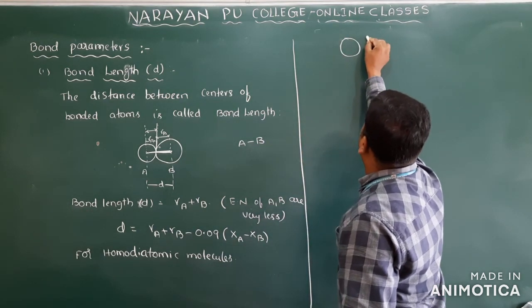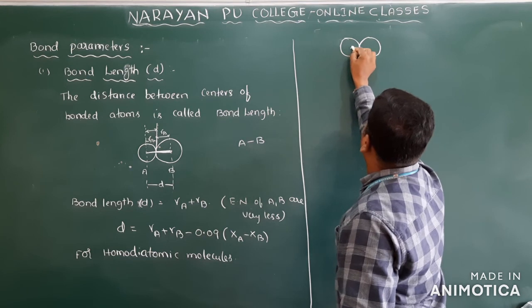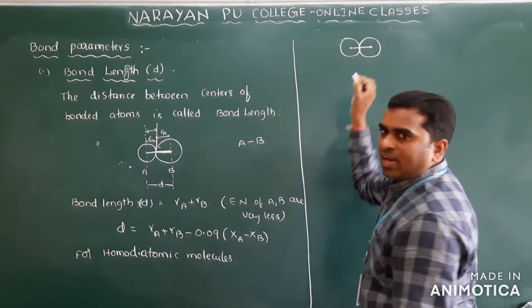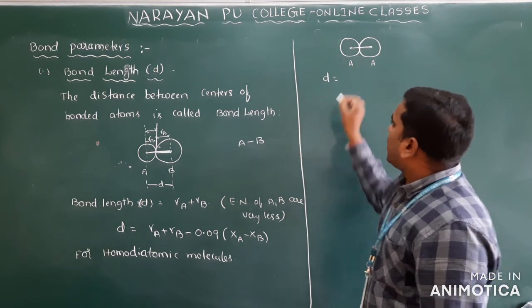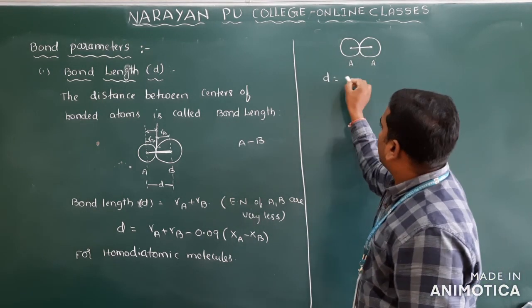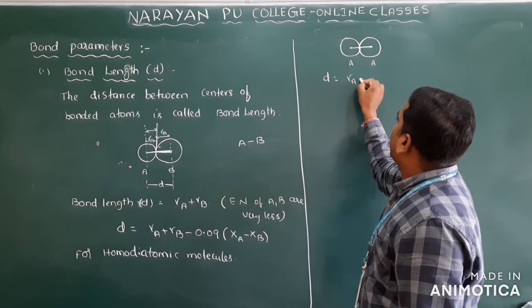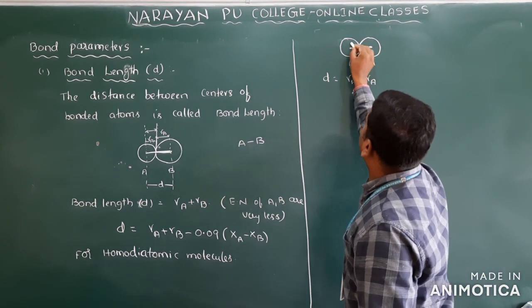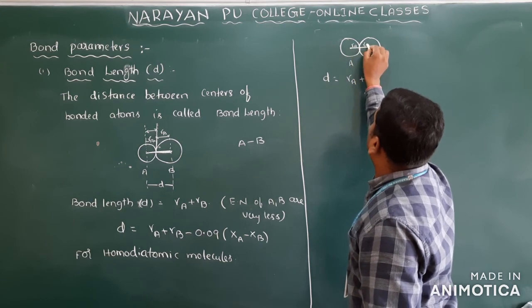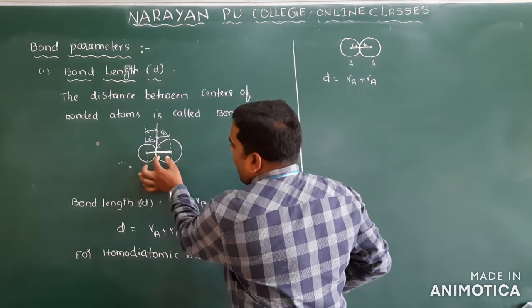This is also A and this is also A, like chlorine. Clear? And now what is the bond distance here? The bond distance or bond length we can write as RA plus RA, the radius of A and also RA. Previously it was RA and RB.